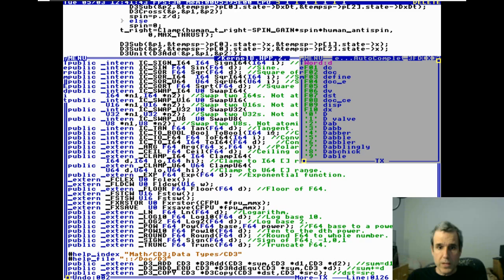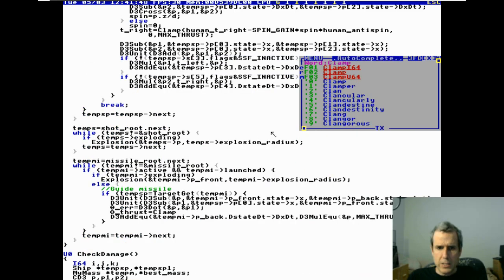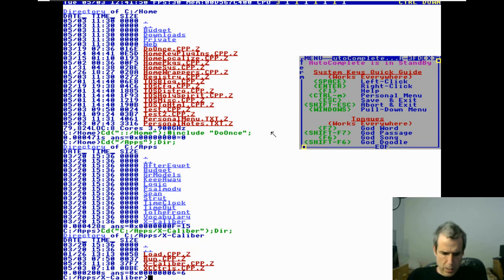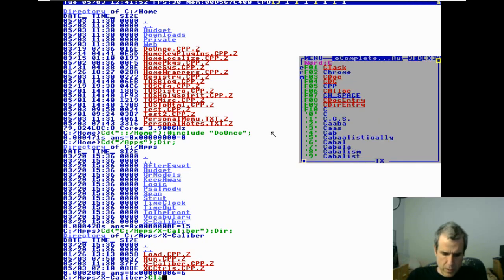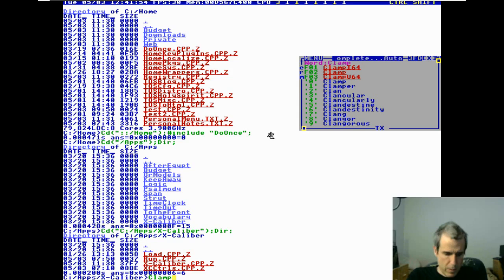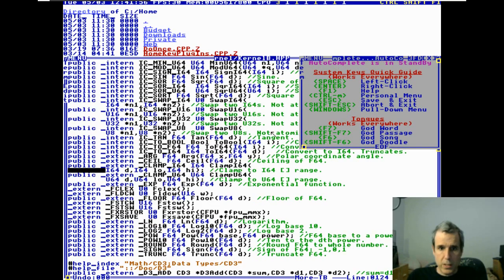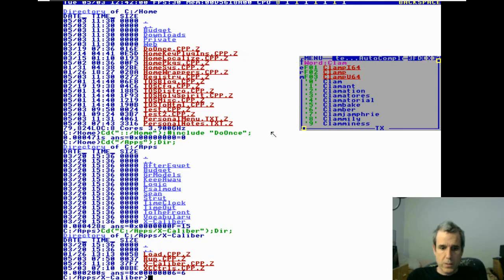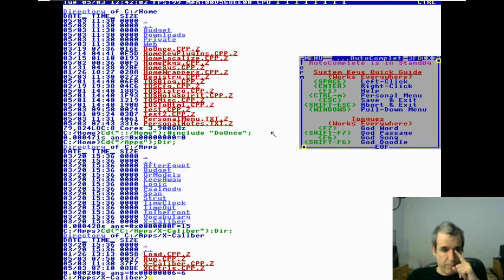Okay, so escape out of here. Escape, and we want to go to clamp. Oh shit, it's an external. Oh, it's an assembly. Oh, we don't have variables in the assembly. Okay.